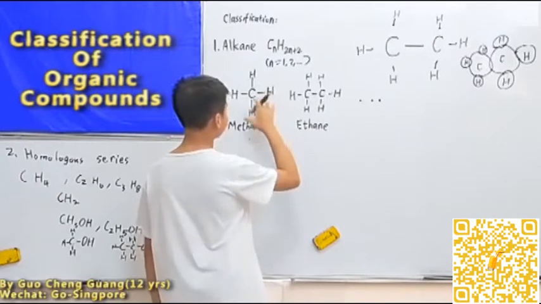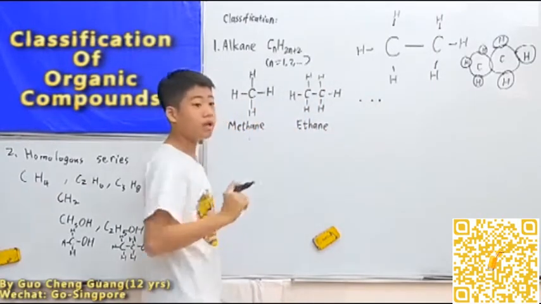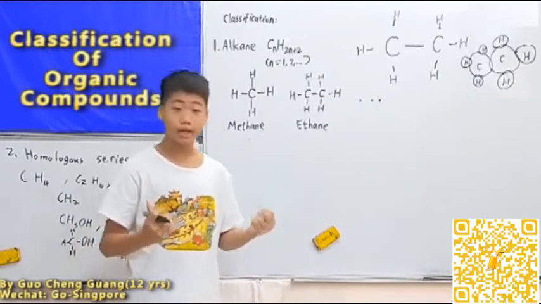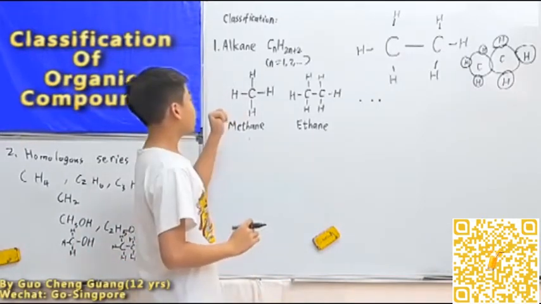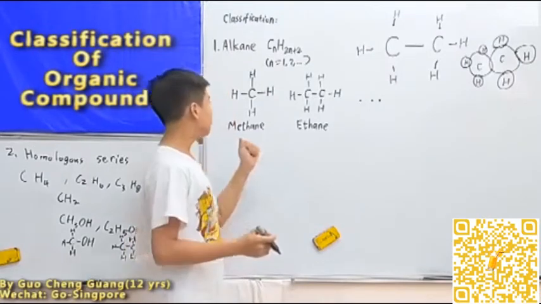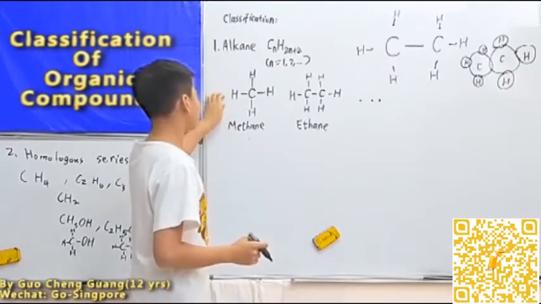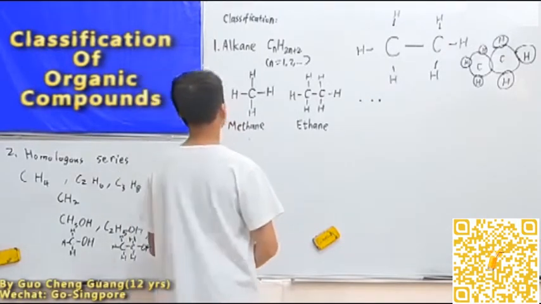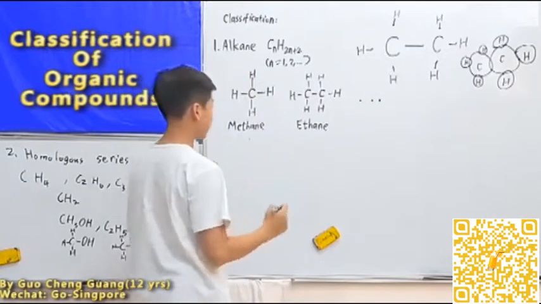We're mainly focusing on organic compounds. Like what I said just now, water, H2O, is an inorganic compound. In organic chemistry, we also need inorganic compounds, but we're mainly focusing on organic compounds here, okay? So that's the first that we have, alkane.